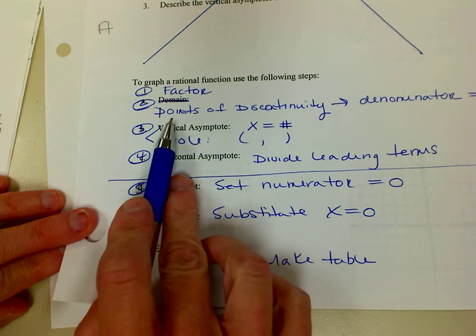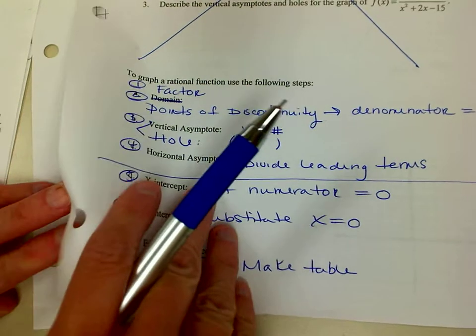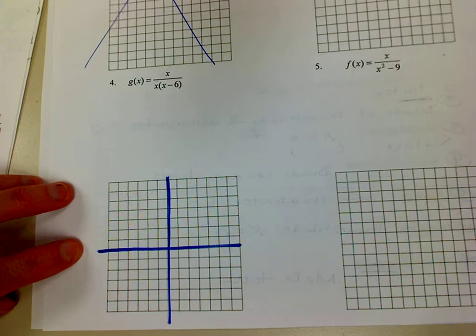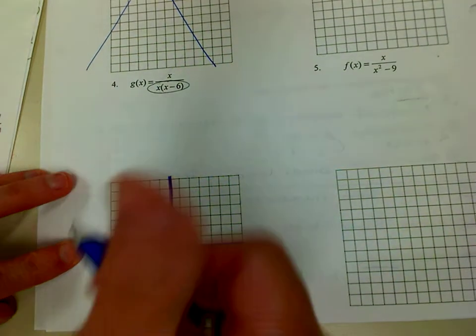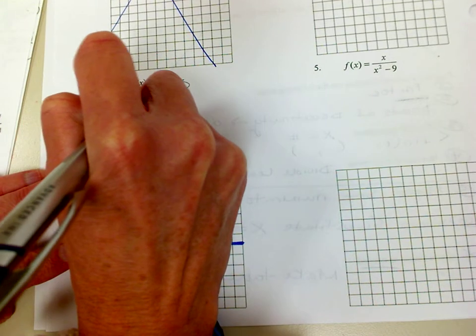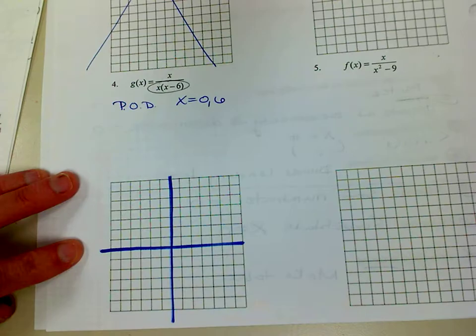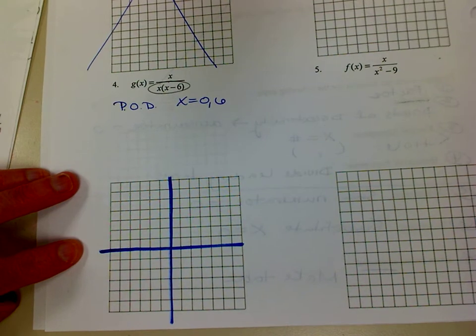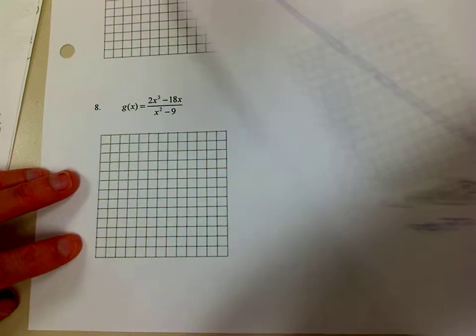Then I'm going to find any points of discontinuity. So I'm going to set my denominator equal to 0. So if I do that, my points of discontinuity will occur at 0 and positive 6. Okay, after I do that, I'm going to cancel, and that's actually not one of my steps on here.